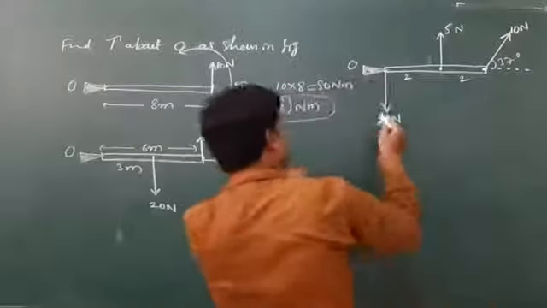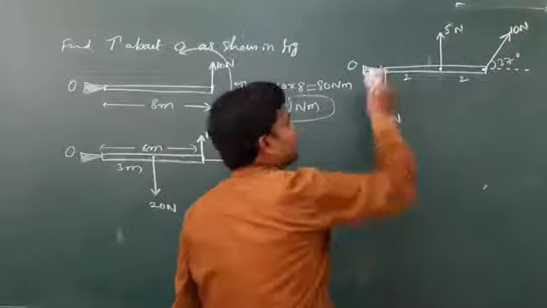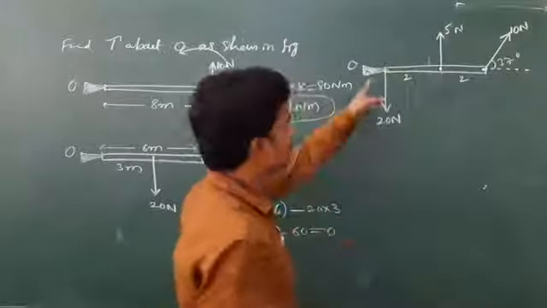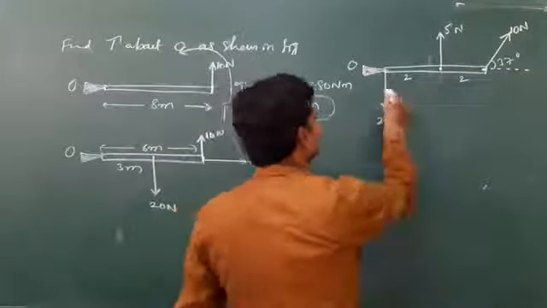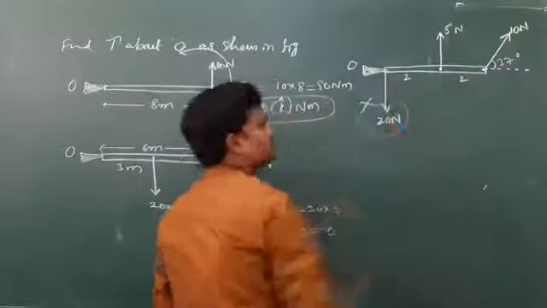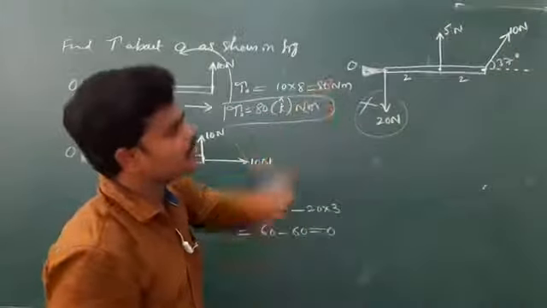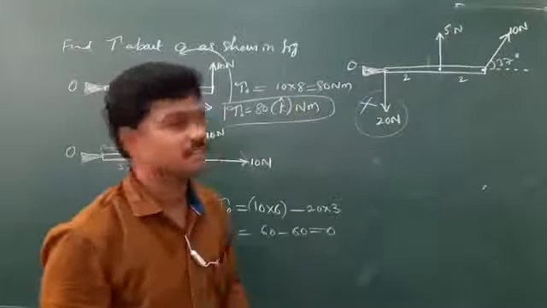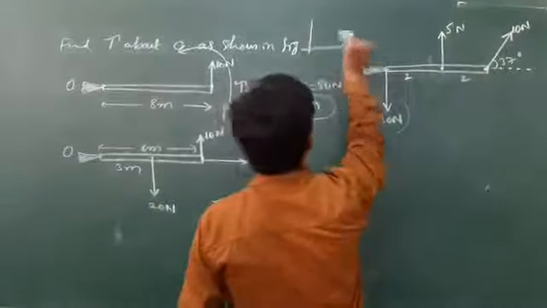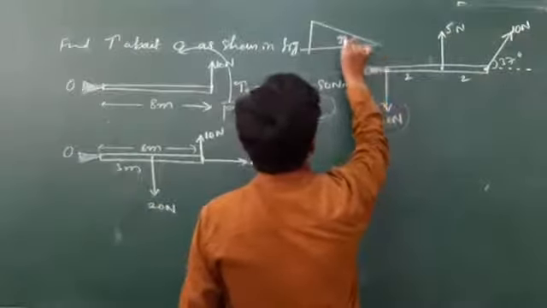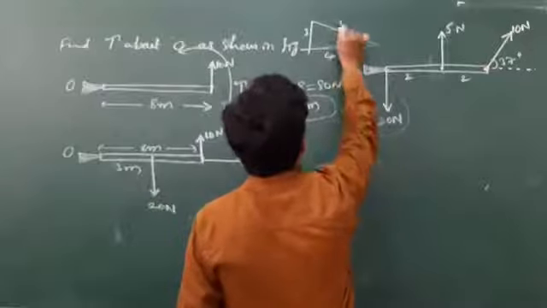See, this 20 Newton is acting at the hinge like a door, so it does not create any torque about this point. The 10 Newton is acting making 37 degrees. I think you remember 37 is a 3, 4, 5 triangle.